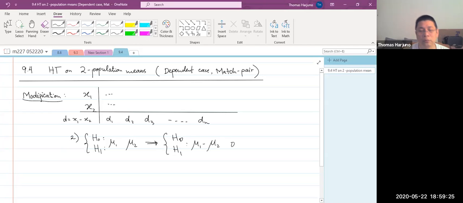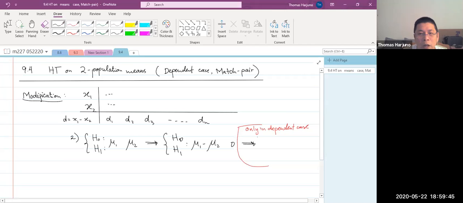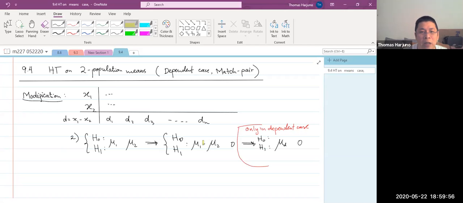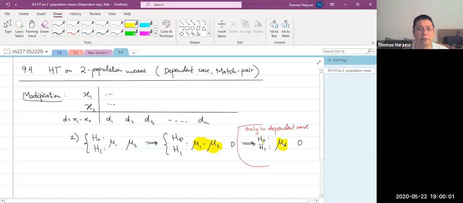Compared to 0, which we can go on further. This is only when we have dependent case. Only in dependent case that we modify that even further, that the null hypothesis, alternate hypothesis will be mu d compared to 0. Basically, this guy later on will be expressed as mu d, the mu of the difference.